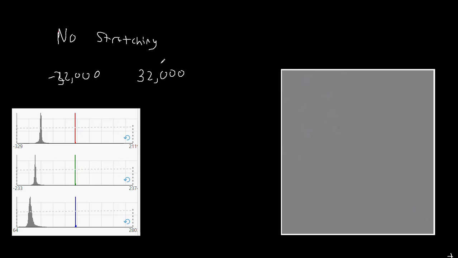So when you do the none, right, most of your pixel values are actually going to end up kind of in the middle because you're going from a negative number to 0 and a positive number to 255. Anything that was mildly positive is going to end up in the middle. So that's why most of these are actually going to end up in the middle here.